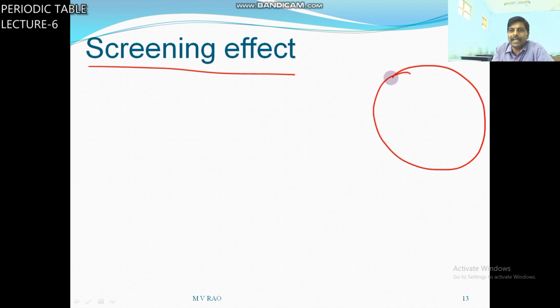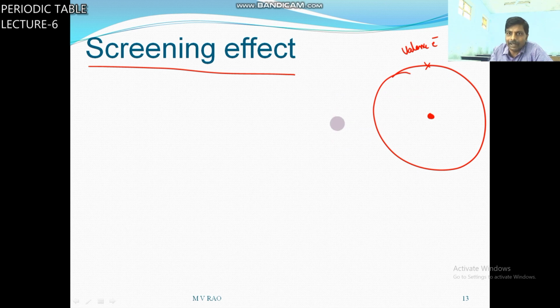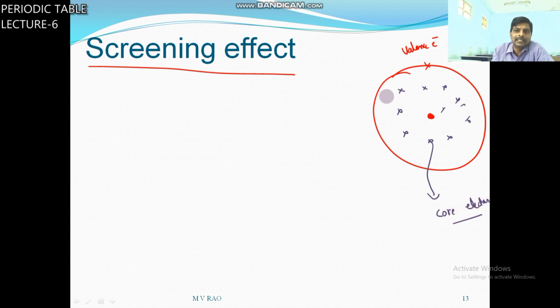Screening effect. In multi-electron atoms, there is the nucleus and the valence electron. In between the nucleus and the valence electron, some other electrons may also be there. These electrons are called core electrons, which are inner electrons.